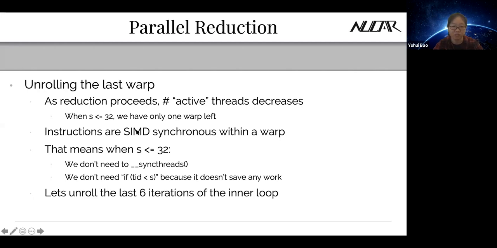So it is simply synchronized within a warp. That means we don't need syncthreads, and we don't need to compare the thread ID. So let's see how it unrolls the last 6 iterations.